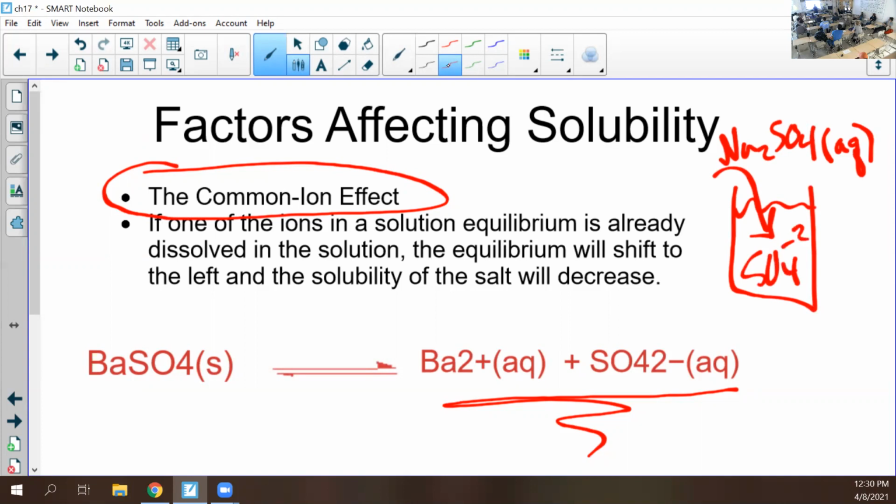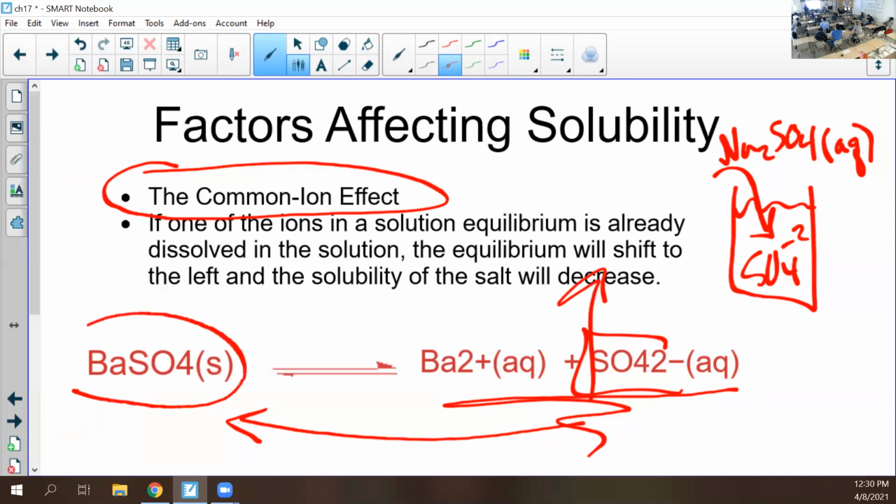So if there's already some of this in there, Le Chatelier's principle says I would go away. So the solubility, listen to this part, the solubility of a substance is negatively affected by the presence of a common ion. It will decrease.